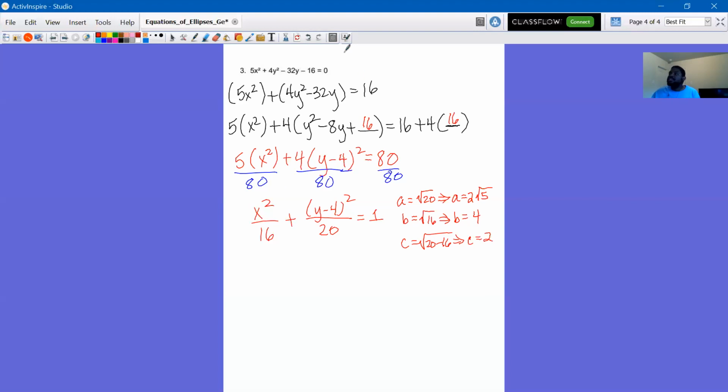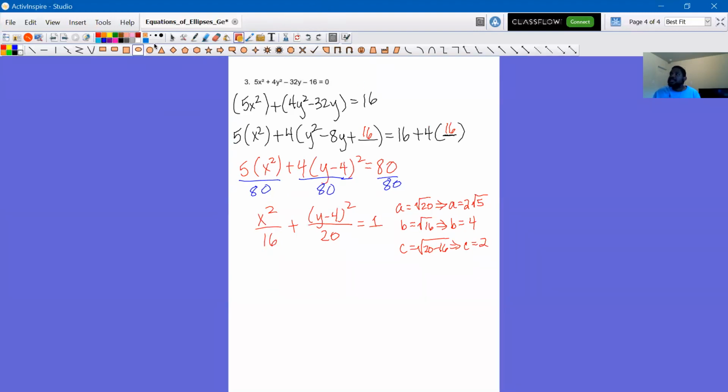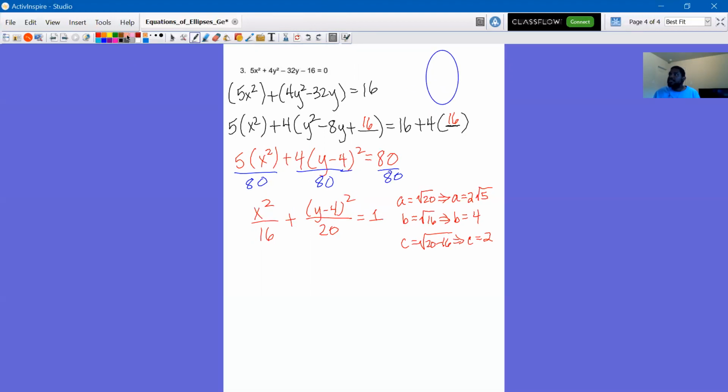So now we're ready to figure out what this ellipse looks like. This ellipse is stretched vertically again, because our bigger denominator is under the y squared term. So here's my center, here's my foci, my vertices to the left and to the right of the center, and then above and below the center as well.